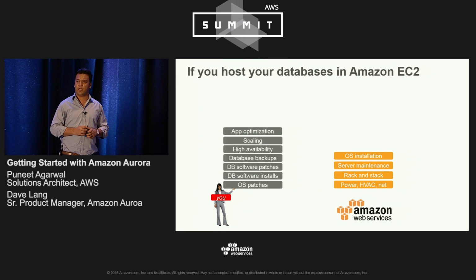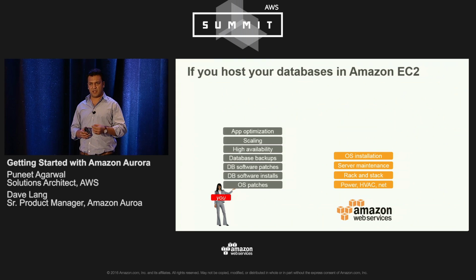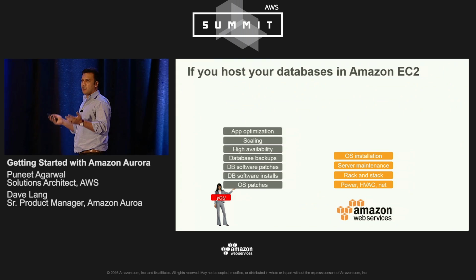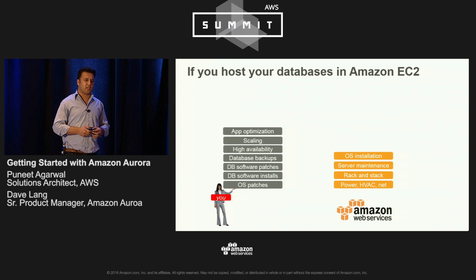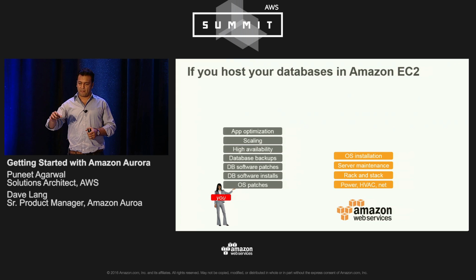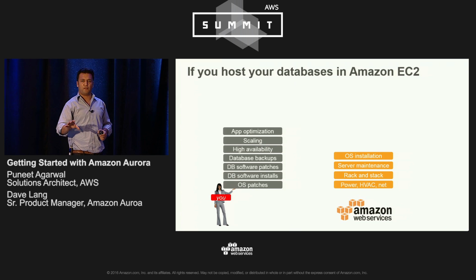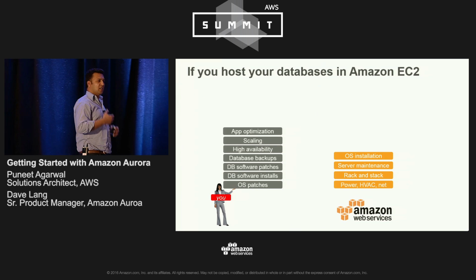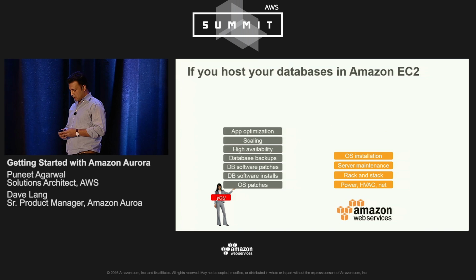Let's say you come to AWS and you start using EC2. You have an option of running your databases on EC2. You can install any database software you would like. And EC2 is our Linux and Windows-based virtual machines. If you're running your database on EC2, we take care of the data center portion of it, but you're still responsible for patching your OS, installing database software, and doing other DBA-related activities.